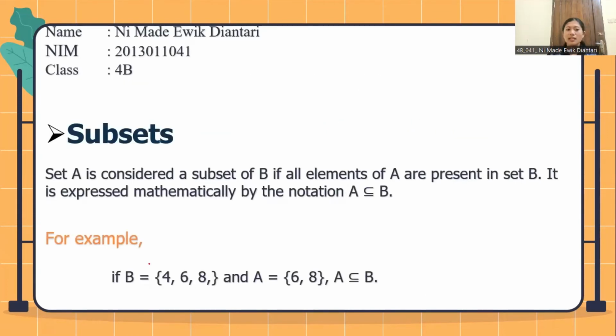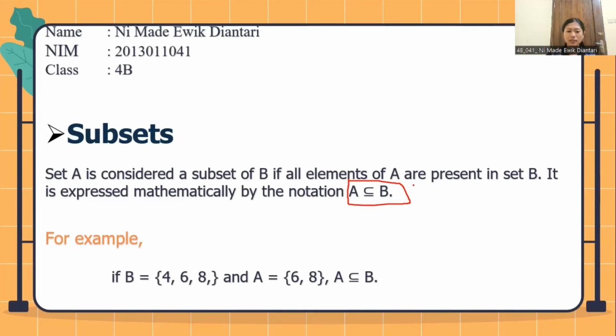Next, subsets. Set A is considered a subset of B if all elements of A are present in set B. It is expressed mathematically by the notation A subset B. What that notation means is that A is a subset of B. What it means for A to be a subset of B is that any element in A also has to be an element of B. By this definition, sets are considered subsets of themselves.